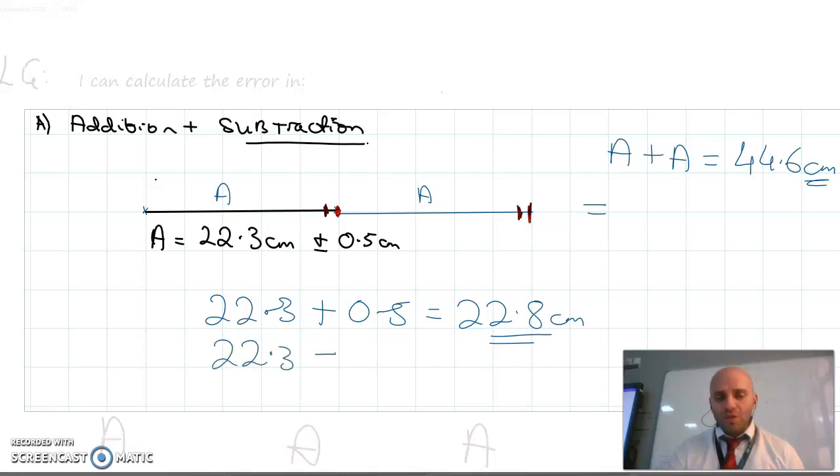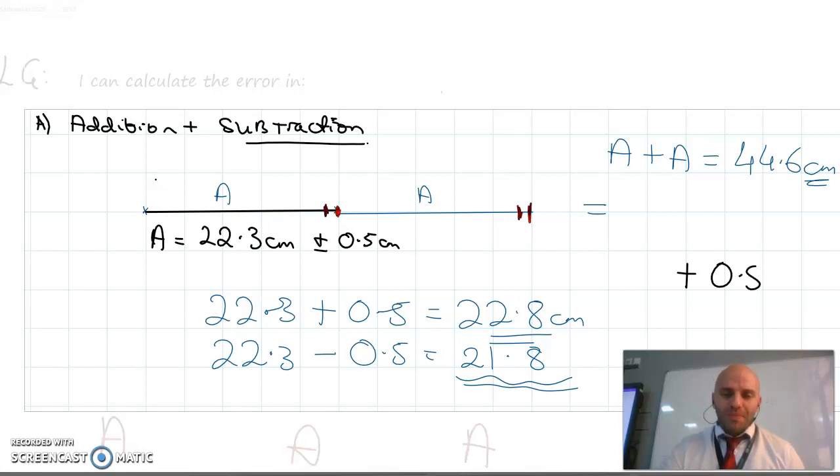But it could be as low as 22.3, take away that 0.5 centimeters, and that would give us 21.8 centimeters. Okay, so there's a range of a centimeter either side that it could be. So if you notice, there's 1 full centimeter in the difference between the upper bound and the lower bound.